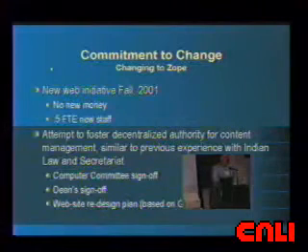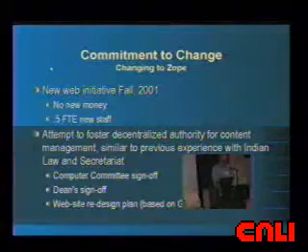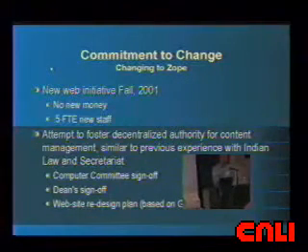Fall of 2001, we had a new web initiative with no new money, another blessing in disguise. And I got 0.5 FTE new staff. So we hired a young lady who's a web designer, 20 hours a week.